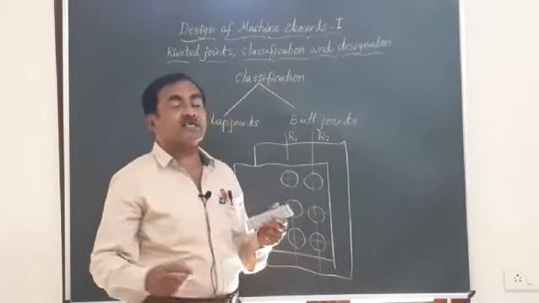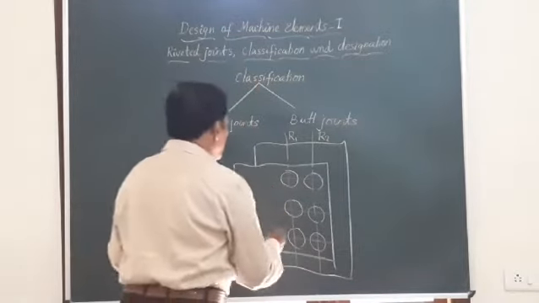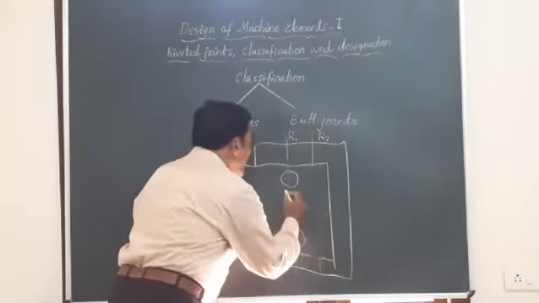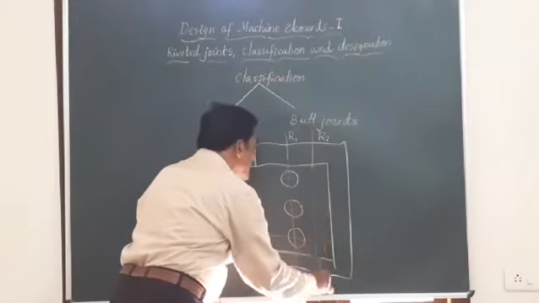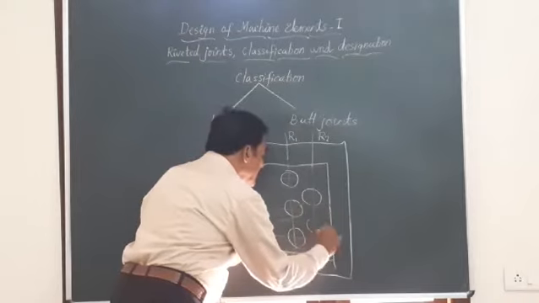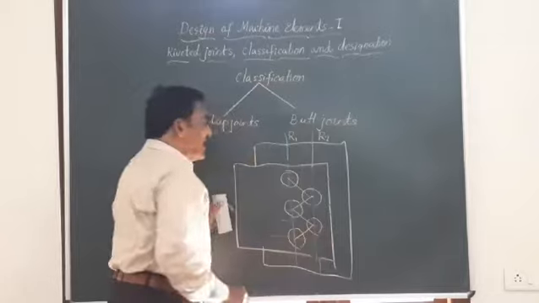It could be even a staggered form, or here what you will have? You will have one rivet adjacent to the other exactly in the middle. So suppose we call this the second row, there will be a rivet here, there will be a rivet exactly here. So this arrangement is called zigzag arrangement.